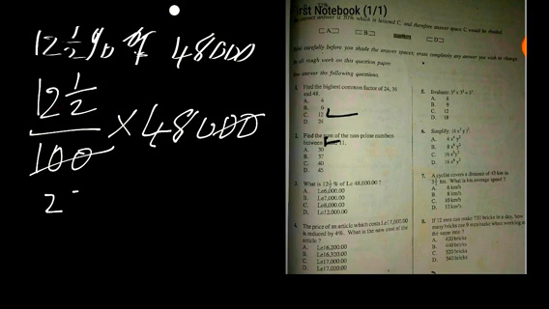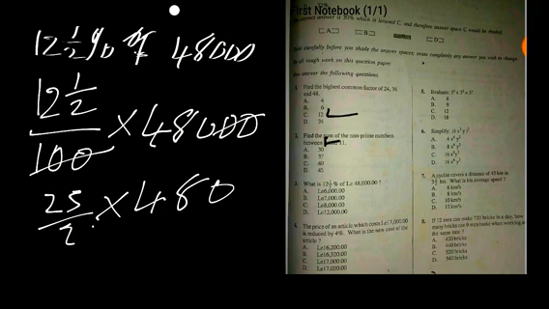So now change the mixed fraction, this one, to improper fraction by multiplying 2 times 12 and add 1, which will give us 25 over 2 multiplied by 480. So 2 here is 1 times 2 into 48 is 24, and then the 0.